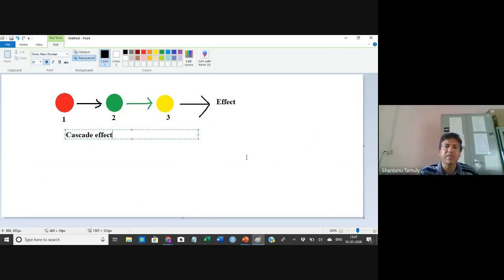After many steps, the last cytokine will actually show the effect. So this is called cascade effect or cascade of action of cytokine.